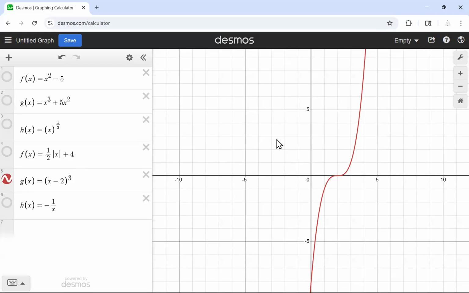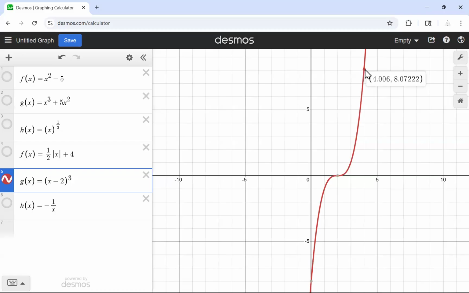Quantity x minus 2 raised to the 3rd power was the expression for g of x. This is obviously not symmetric with respect to the y-axis because I don't have over here corresponding points.